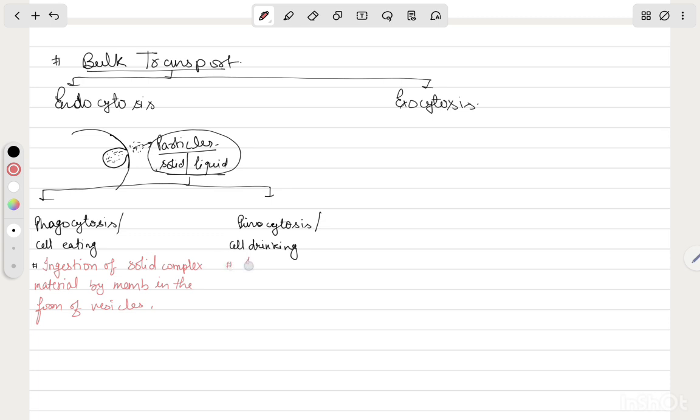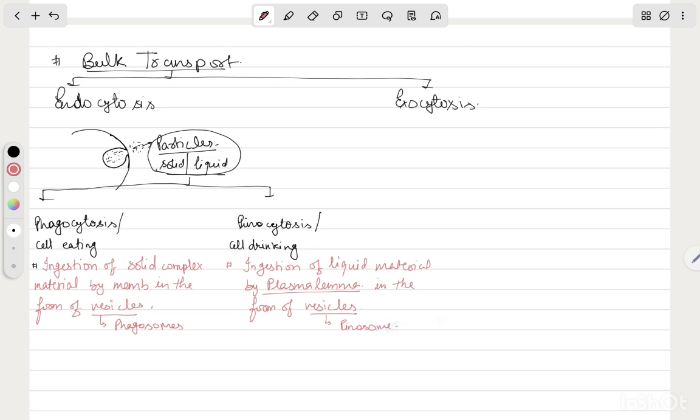Pinocytosis is ingestion of liquid material by plasmalemma, the outer plasma membrane, in the form of vesicles. So vesicles in phagocytosis are phagosomes, and vesicles in pinocytosis are pinosomes. Right? The process is the same.